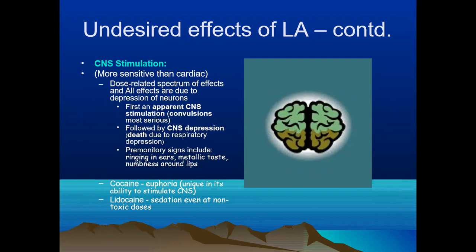Like in the central nervous system, it can stimulate the central nervous system, which is more sensitive than the cardiac system. At low dose the effects are related to the spectrum of effect, or effects are due to depression of neurons. Fast and apparent central nervous system stimulation can lead to convulsions in most cases, and in other people it can cause depression and death due to respiratory depression.